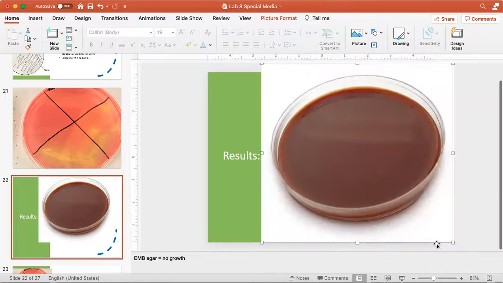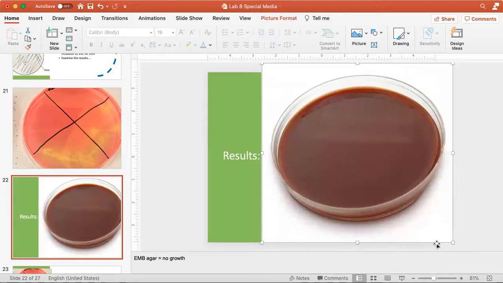And yes, this plate was inoculated with a quadrant streak of the mixed culture. I turned it upside down, put it in the incubator, and left it overnight. And this is what I got. There's nothing growing on this plate. Not a thing growing on this plate.